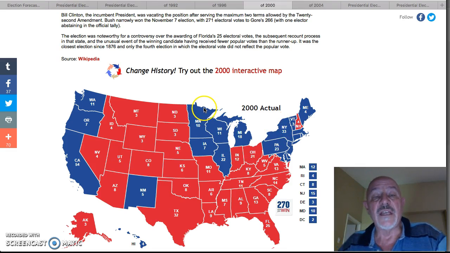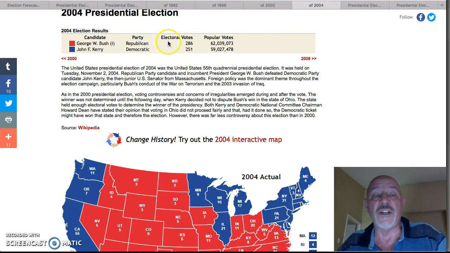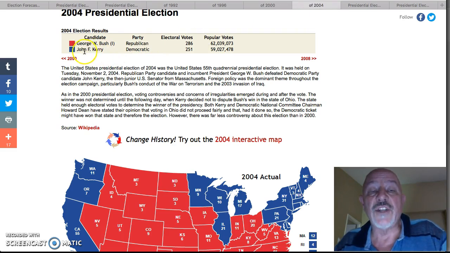All right, so this was President Bush's first election. His second election was against John Kerry. John Kerry is the current Secretary of State. He was a senator from Massachusetts. He won on the Democratic side. He went up against George W. Bush, who was the incumbent now. This was still a close election.